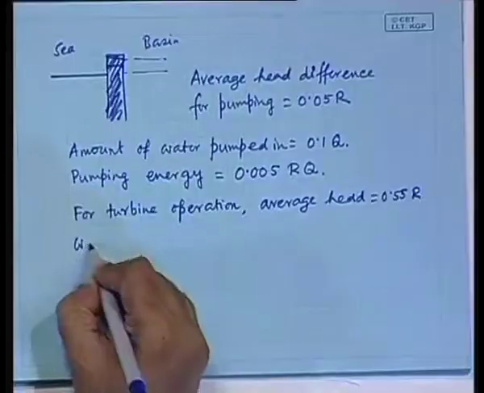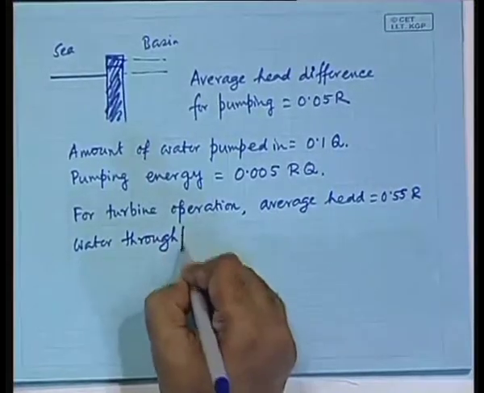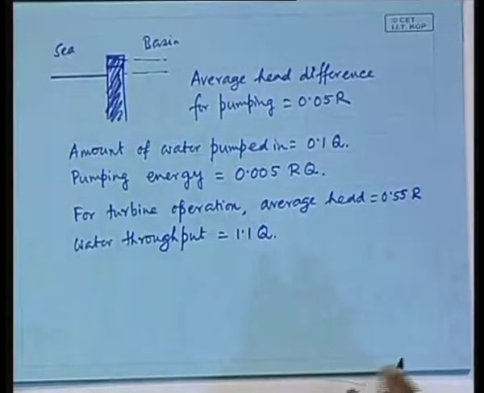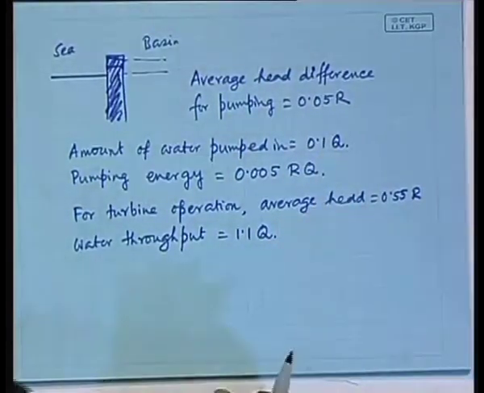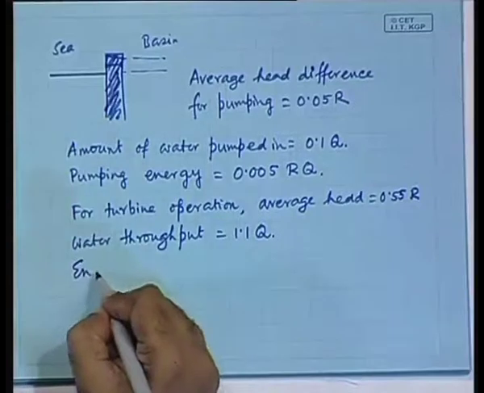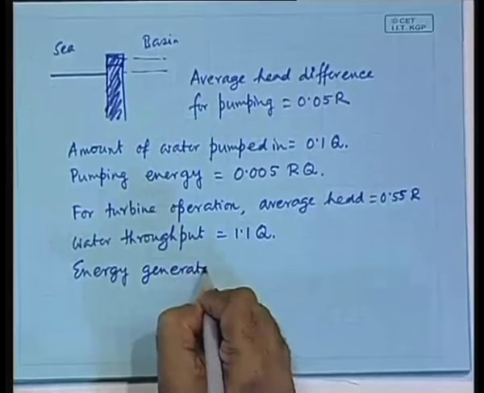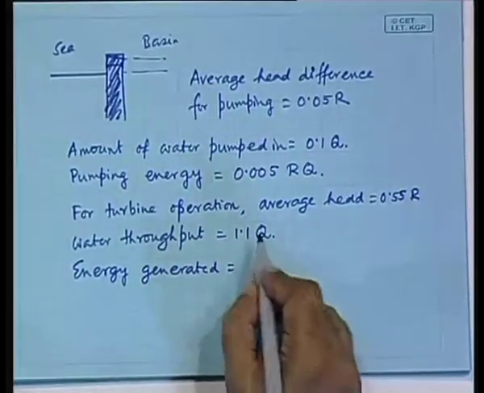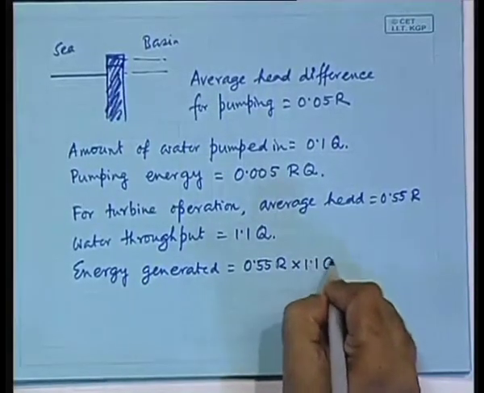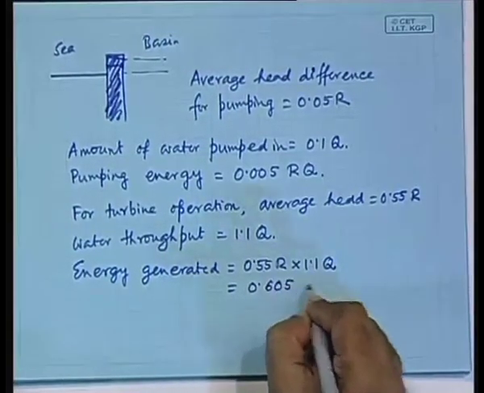So water throughput is 1.1 Q. So the total amount of energy that has been produced, energy generated, is equal to 0.55 R times 1.1 Q, which is equal to how much? 0.605 R Q.